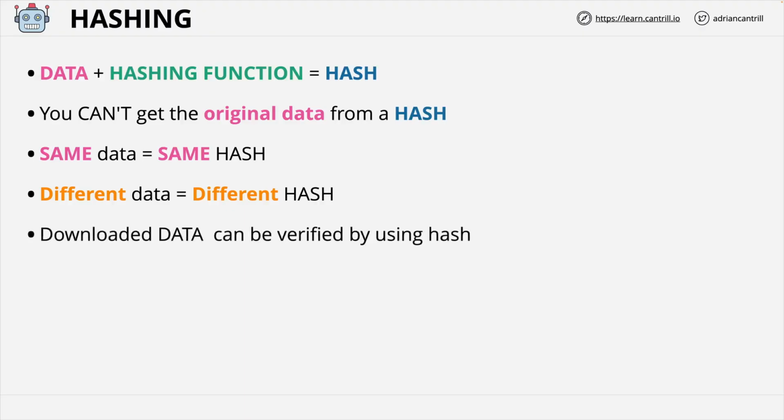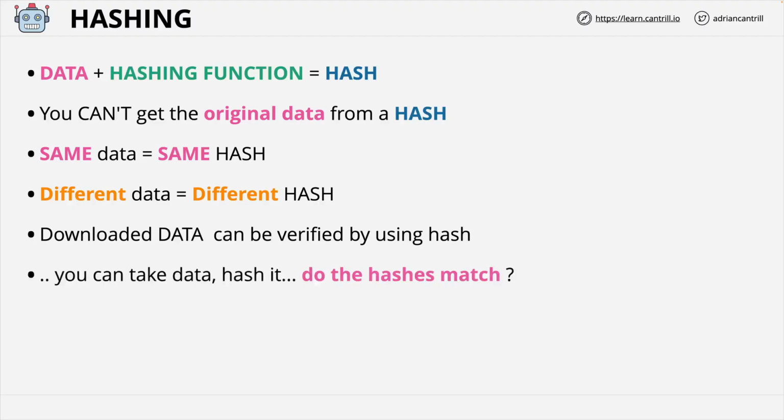Now, hashing can be used to verify downloaded data. If you're making some data available for download, you can have the download in one location and the hash of that download stored on a different system. It means that you can download the data, you can hash it and generate your own hash value. If the hash values match, then the downloaded data hasn't been altered.